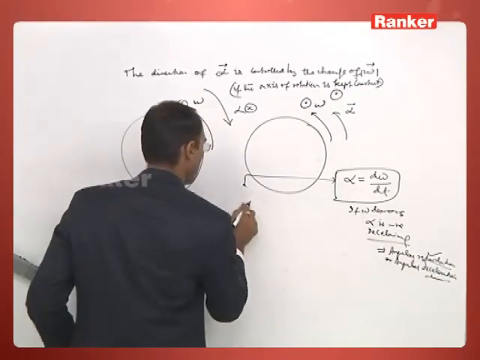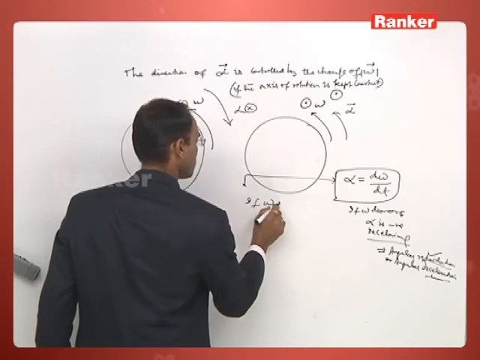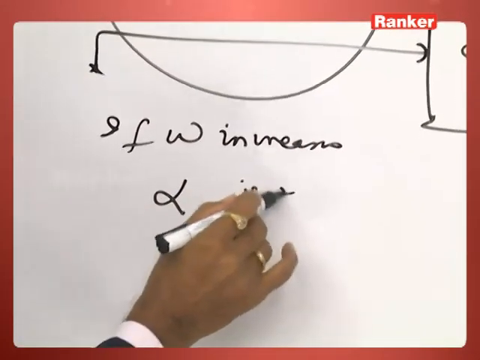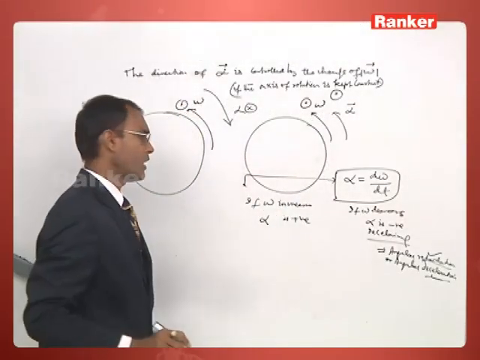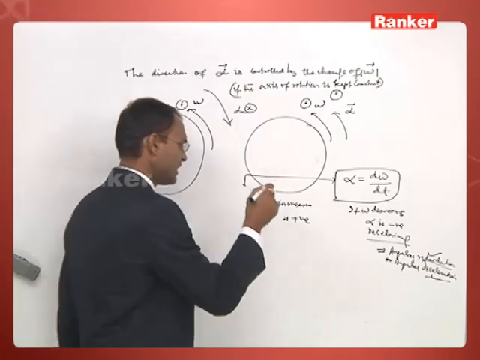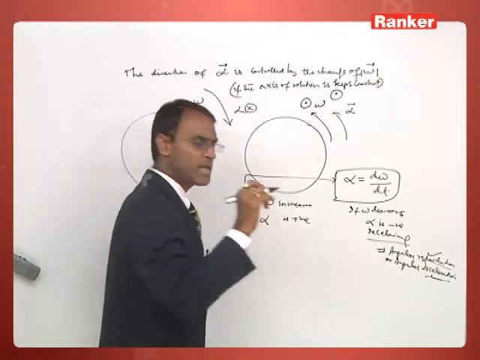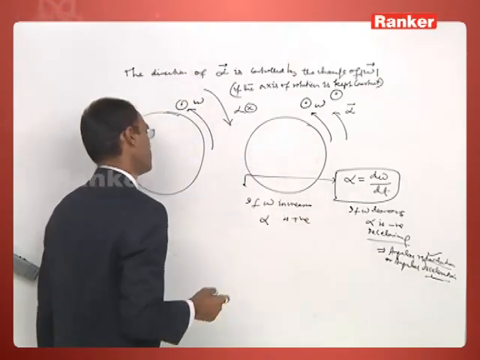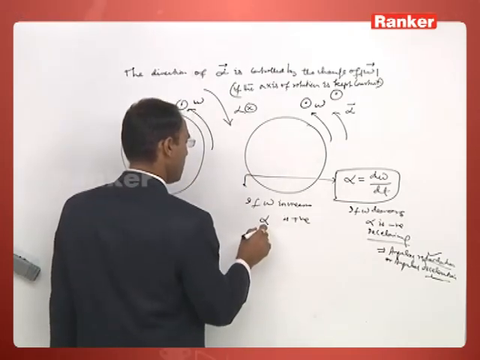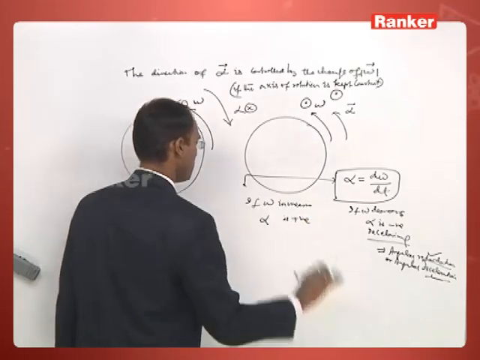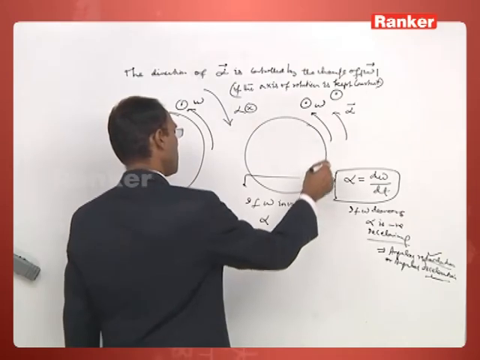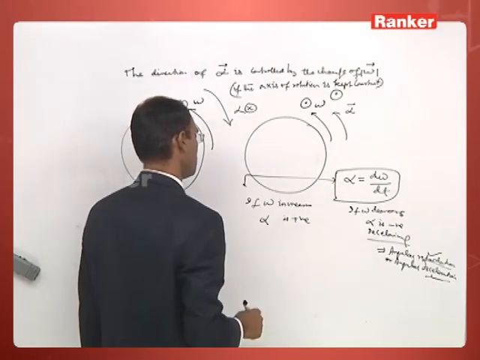And if omega increases, alpha is positive. Positive means it's directed in the positive direction, a positive z direction or a positive x direction or positive y direction. And we can call it angular acceleration, no problem. So omega increases, alpha is positive.